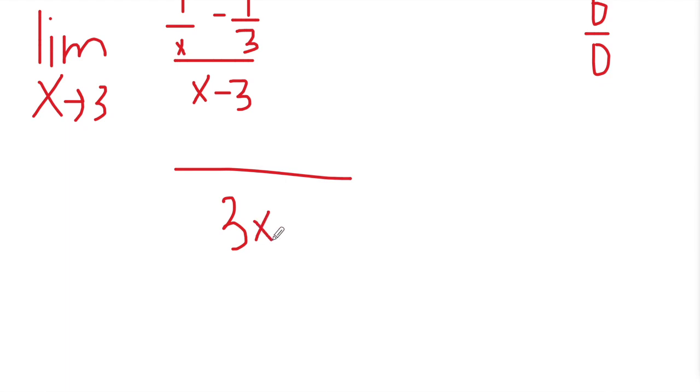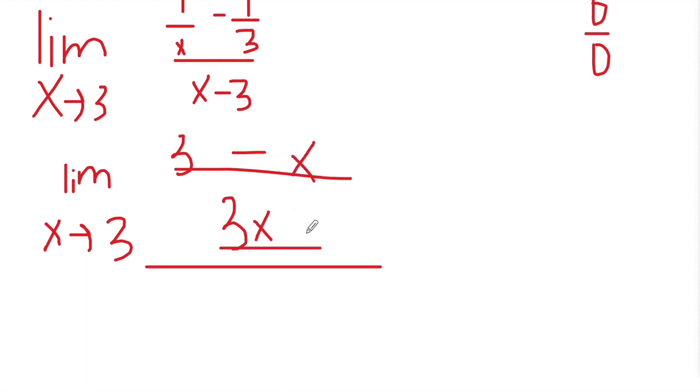So I'll get 3x. And then out here, I'm going to get 3 minus, and then I'm going to have x on the top for the numerator once I have a common denominator, because it's 3 over 3x, which is 1 over x minus 1 over 3. And then I have x minus 3.